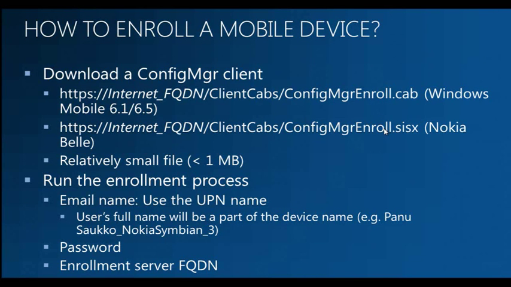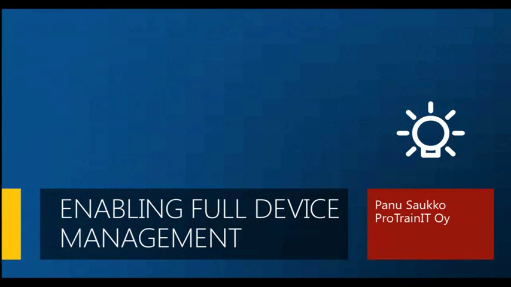Both of those files are quite small, less than 1 megabyte. And when you have downloaded and installed that, then you can start the enrollment process. Okay, let's try to do that.